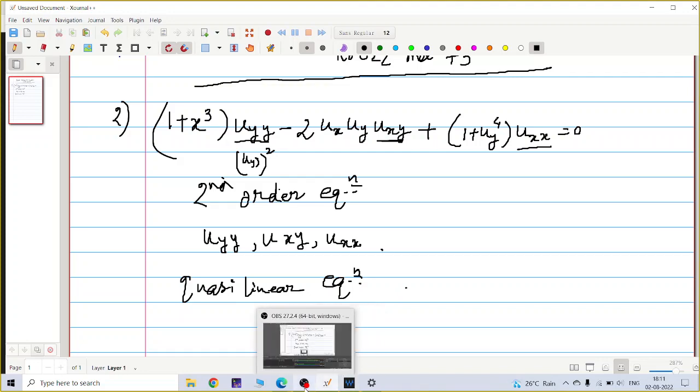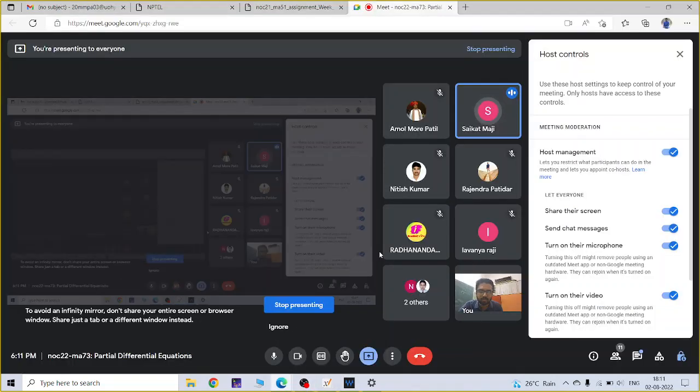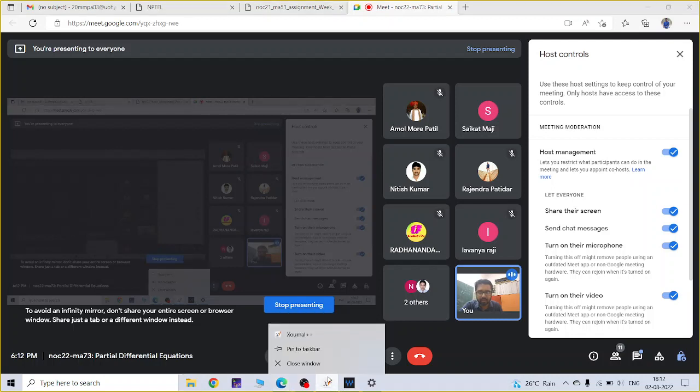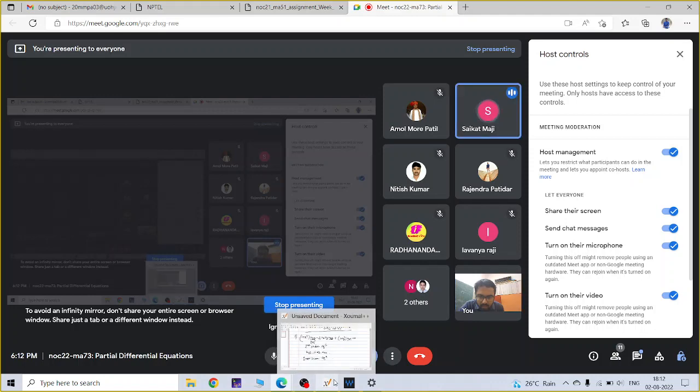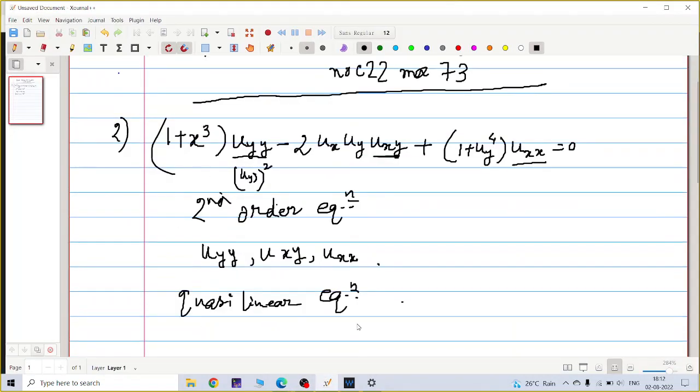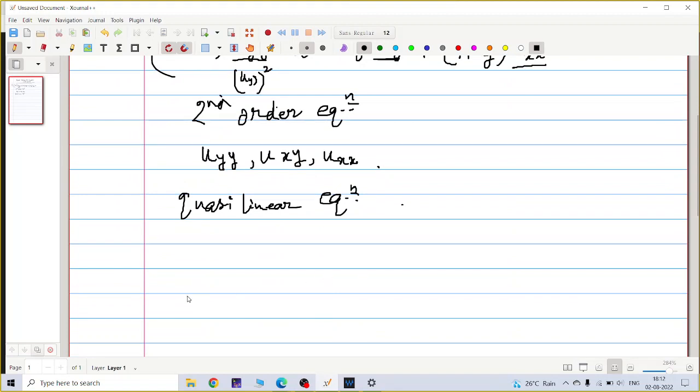Maybe you can ask the students first for the definition of quasi-linear, and linear and semi-linear are also quasi-linear, right? Maybe you can explain why it is not linear or semi-linear. Can someone give the definition of a linear differential equation? Linear PDE, I say. Anyone?